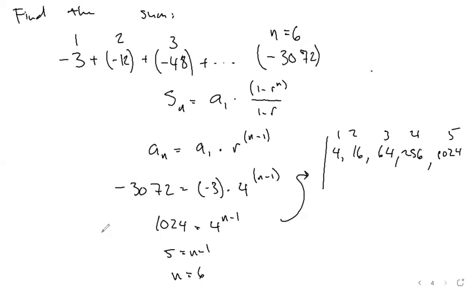Okay? All right, and then from there, we can plug everything in. I know S sub n is going to be minus 3 times 1 minus 4 to the 6 all over 1 minus 6, which, let me plug that into my calculator.